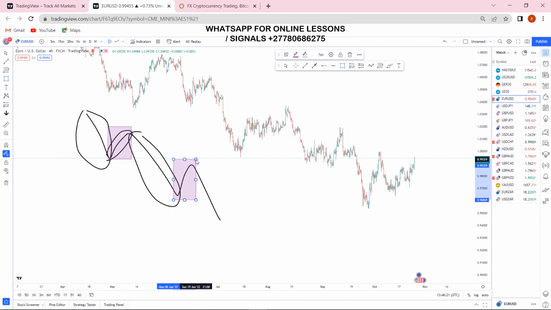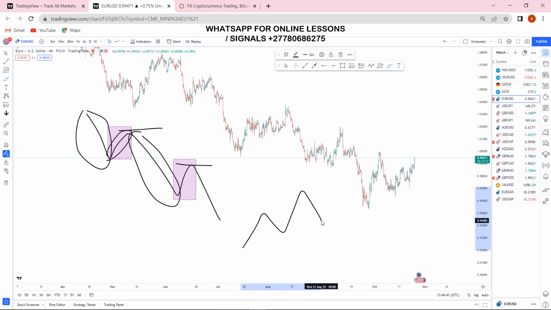This is what you are measuring. You want to know where this corrective structure will reject, right? You want to understand where will it find, in this case, since this is a downtrend, resistance? Where will it find resistance? And then if it's moving on an uptrend, you want to know where will the corrective structure find support.